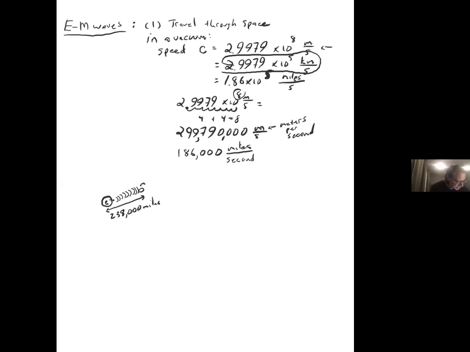So if you take 238,000 miles and you multiply that by 1 second per 186,000, you get about 1.3 seconds. So that's how long it takes for light to travel between the Earth and the moon.